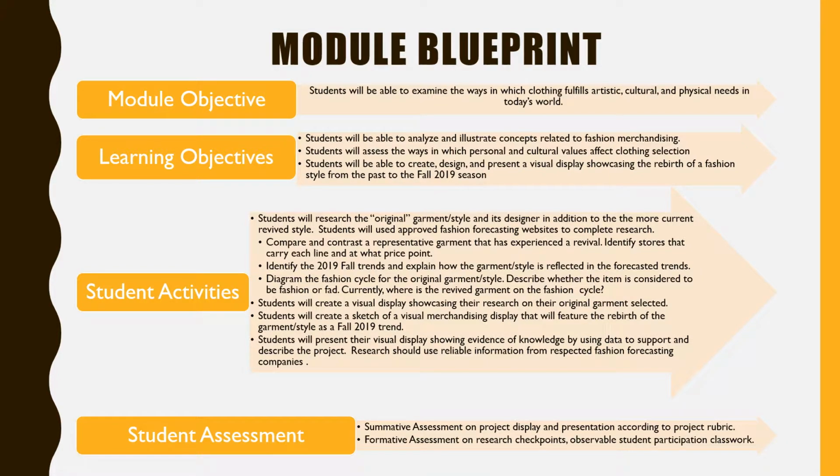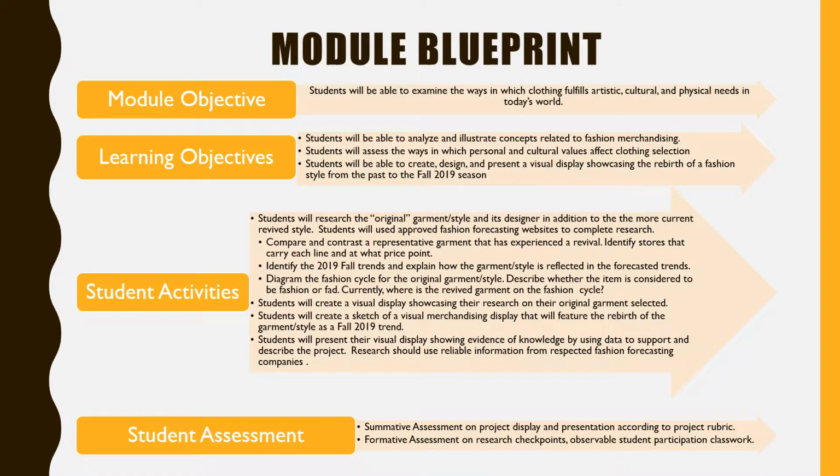Students will also be able to create, design, and present a display showcasing the rebirth of a fashion style from the past to the fall 2019 season by creating a visual display and presentation showcasing their research on their original garment selected.